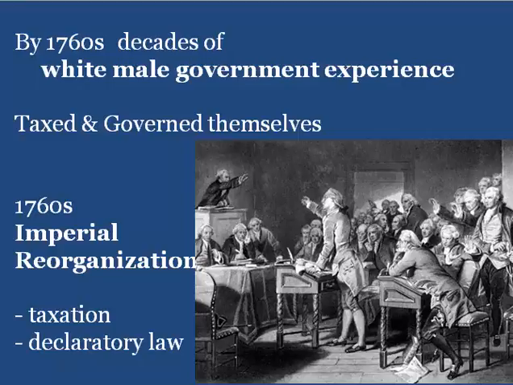It had helped fight off the French, spent a lot of its blood and treasure. So the British Parliament starts to tax colonial America and comes up with the declaratory law, which says, you're going to read about it, which is going to declare it can make any law whatsoever and impose it upon the colonies. This is not going to make colonial Americans very happy, who had been used to decades of mostly governing themselves.